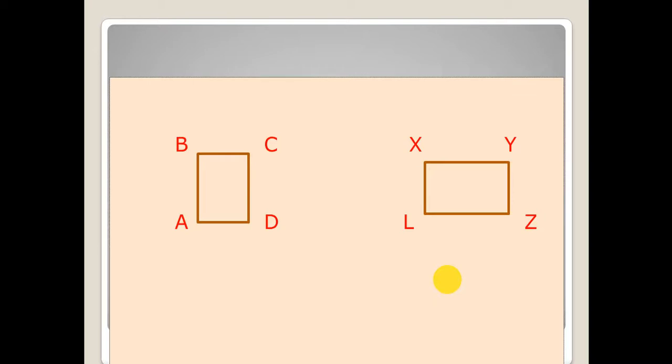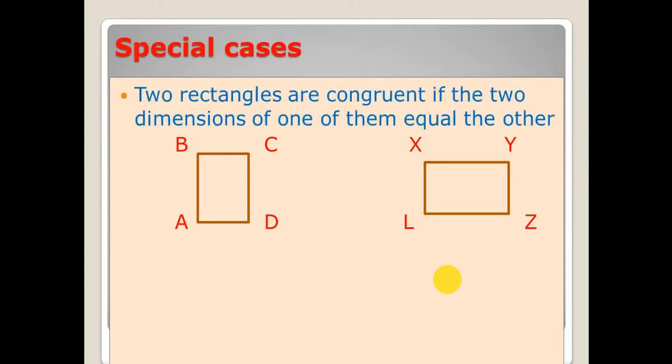Here, if the two dimensions of one of them equal the other, if BC equals XL and CD equals XY, and this length here equals the length here, then the two rectangles are congruent.